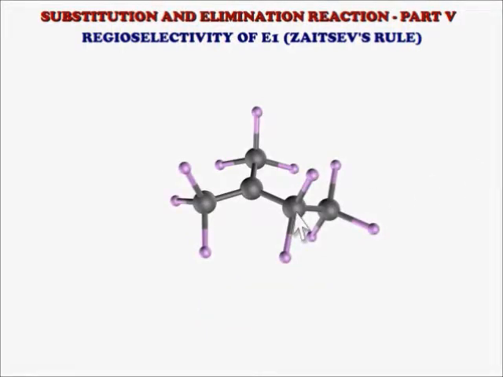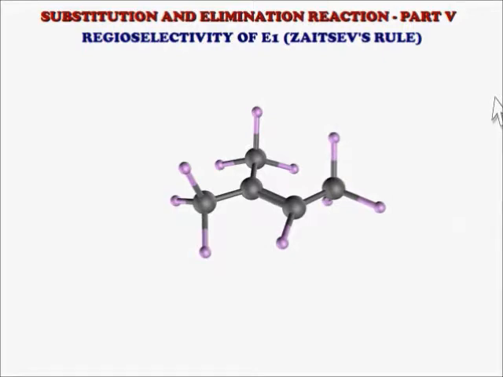When hydrogen from this beta carbon interacts with base, we get a trisubstituted alkene. Since the trisubstituted alkene is more stable, it is the major product. This is called Zaitsev's rule.